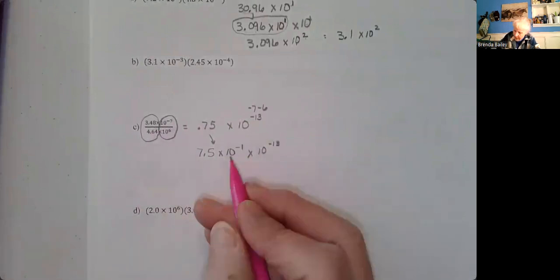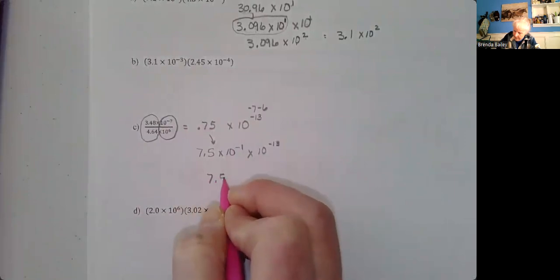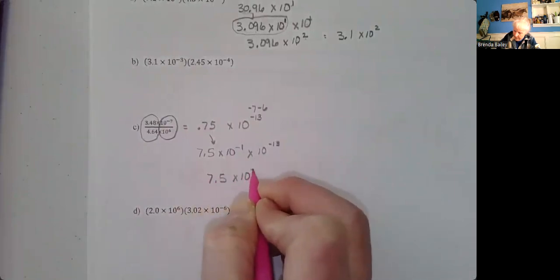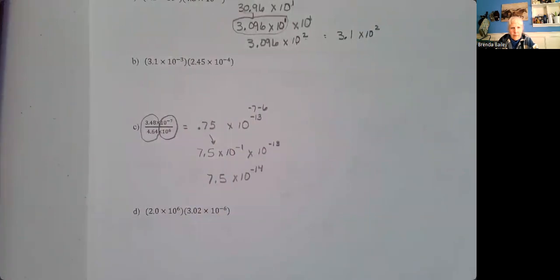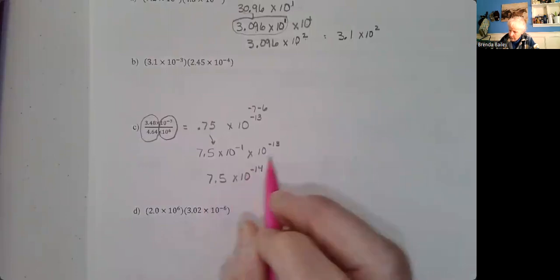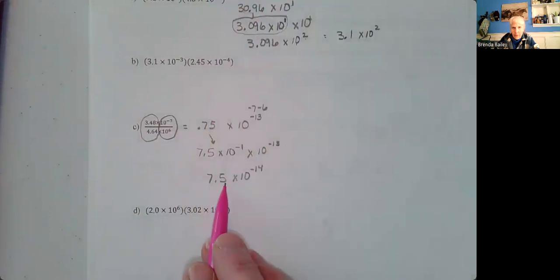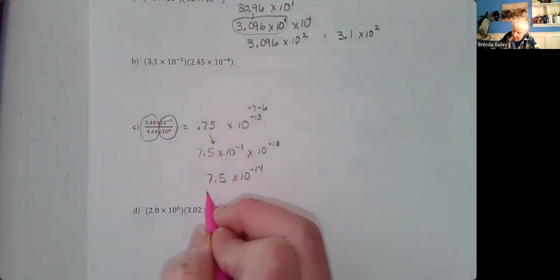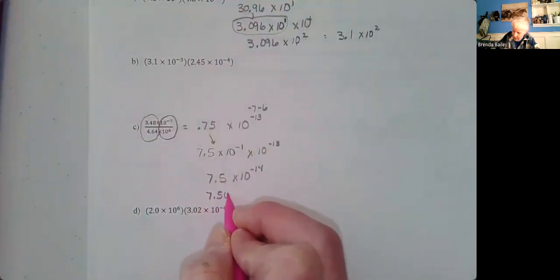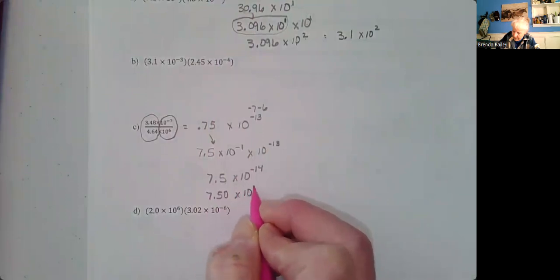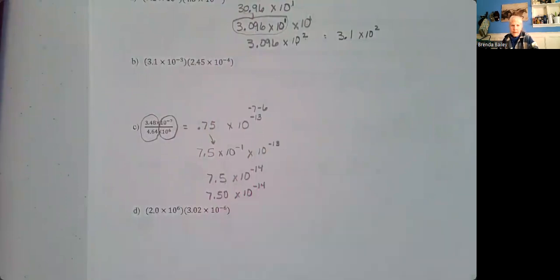And now we'll simplify this. Okay, they have 3 significant digits, and we have the 2 significant digits. I don't know if they would let you, they might let you get away with this, 7.5 or 7.50. Maybe they would accept both of those.